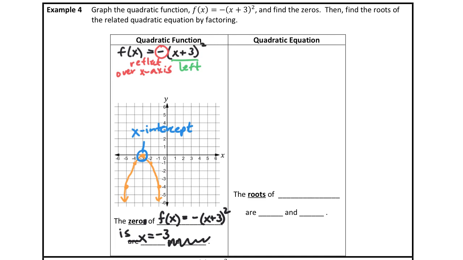Okay, so now on the right side, we're going to take the function, the right side of the equation, the function negative x plus 3 squared, and set it equal to 0 and see if we can solve. But in actuality, what can we say of something that if it's already squared, can't we rewrite it in the following way?